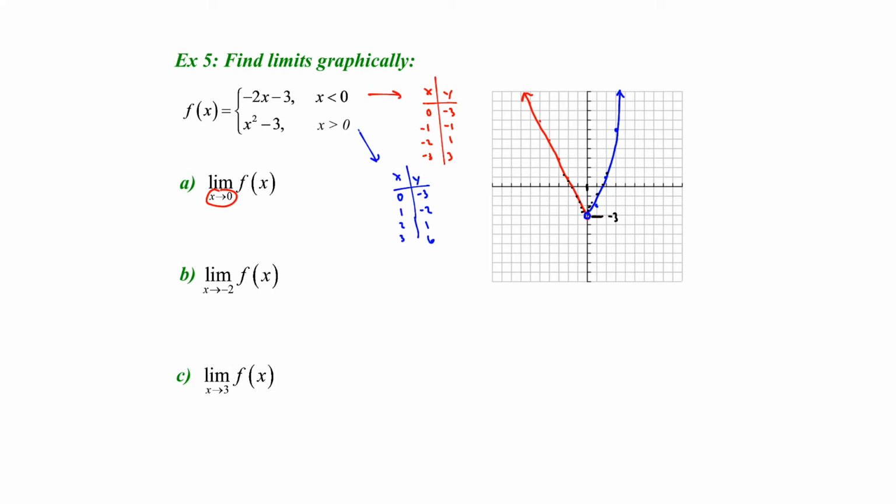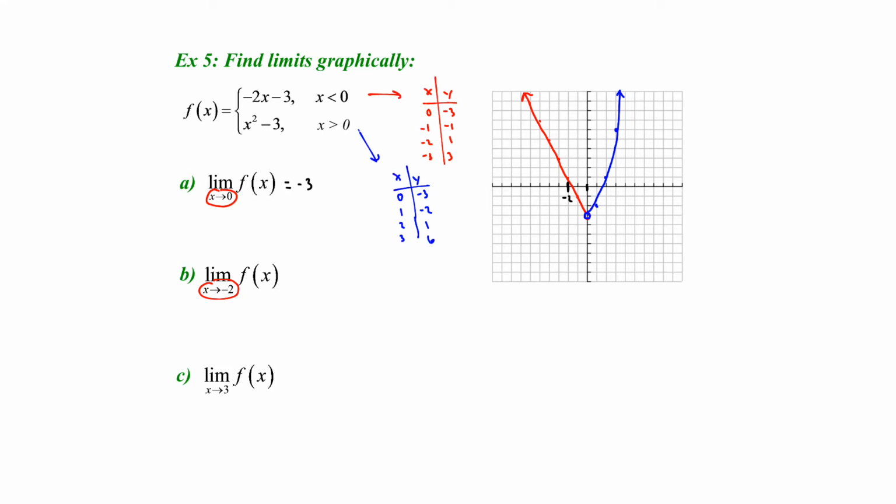It's getting closer and closer to -3. So the limit as x approaches 0 would be equal to -3. Let's take a look at as it approaches -2. So -2 is right here.